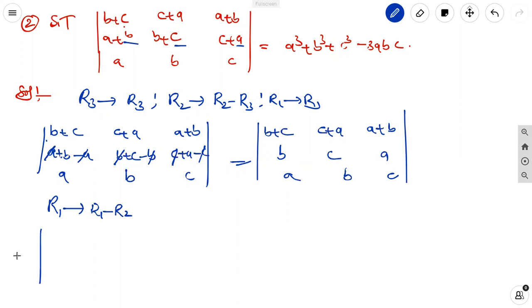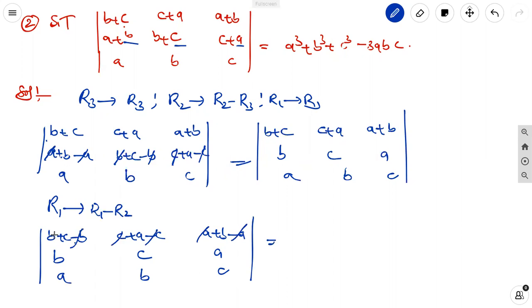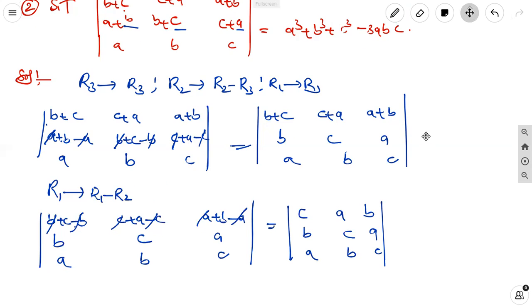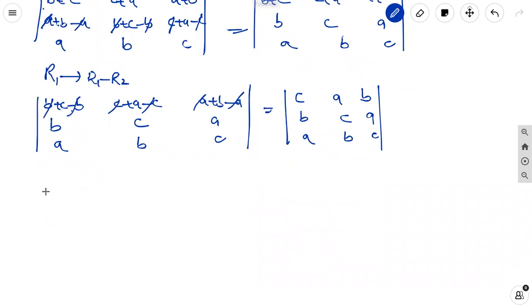So the determinant is B plus C minus B, C plus A minus C, A plus B minus A, then B, C, A, B, C, A. It is equal to A cancel, C cancel, B cancel: determinant of C, A, B, B, C, A, A, B, C. So with single terms, we can easily find the determinant.